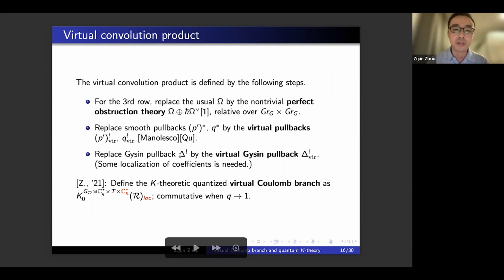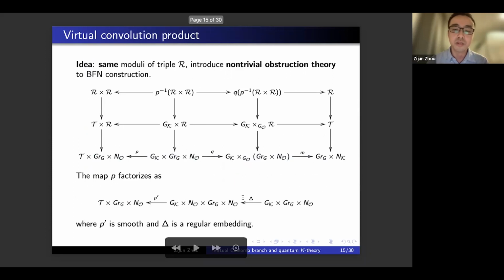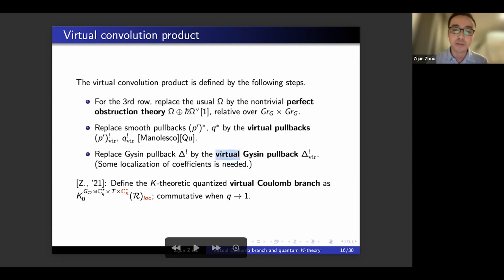We also replace the Gysin pullback along this regular embedding by something called a virtual Gysin pullback. In this step, you also need to localize some of the coefficients, and this is why we need this non-trivial equivariant parameter here.